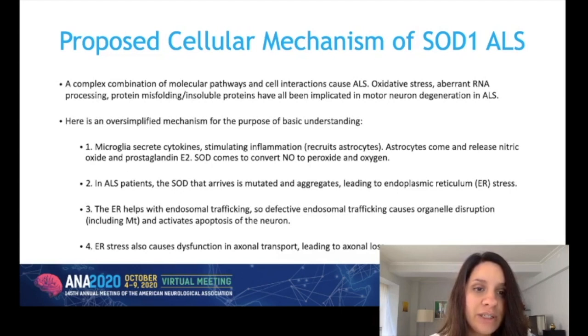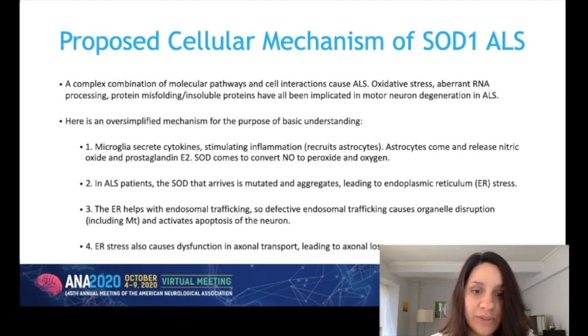The SOD comes to convert nitric oxide to peroxide and oxygen, which is what it does. However, in ALS, this SOD is mutated, and instead of doing its job, it aggregates. This leads to stress on the endoplasmic reticulum as it tries to clean up after all of the aggregation.